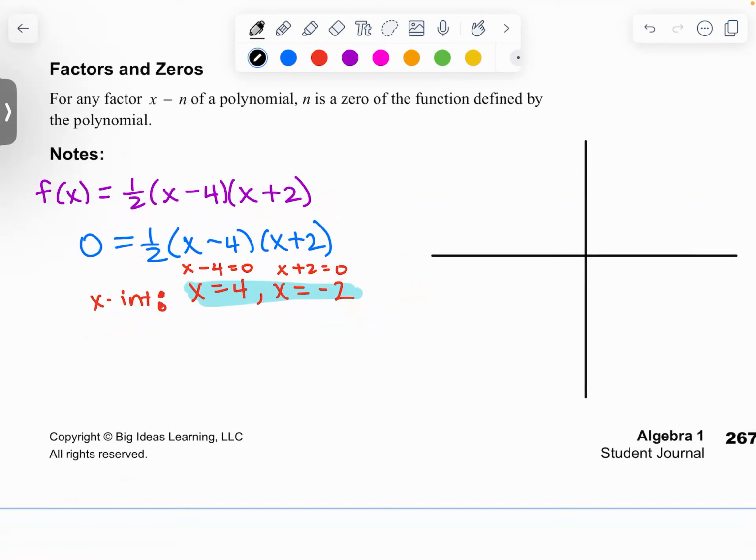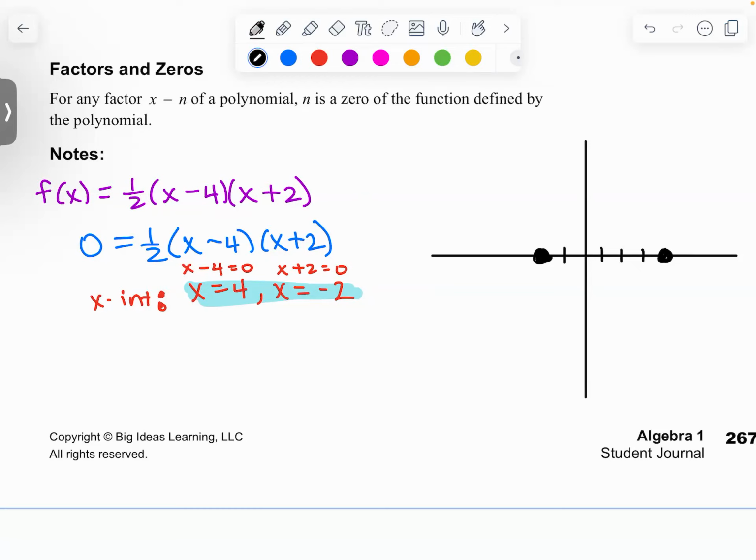Okay, so let's talk about what this looks like. We know that at x equals 4 and x equals -2, our parabola intersects our x-axis. We know a little bit about what that's going to look like, right?